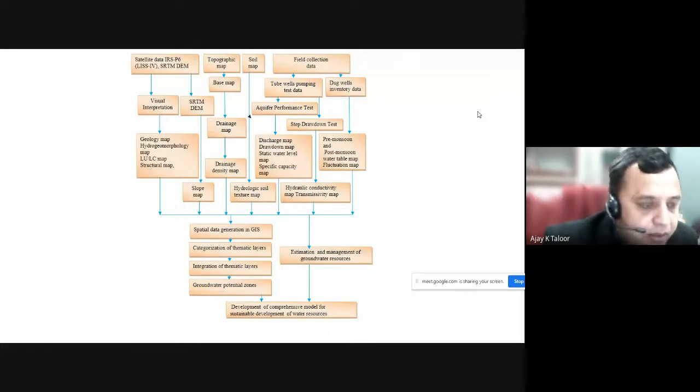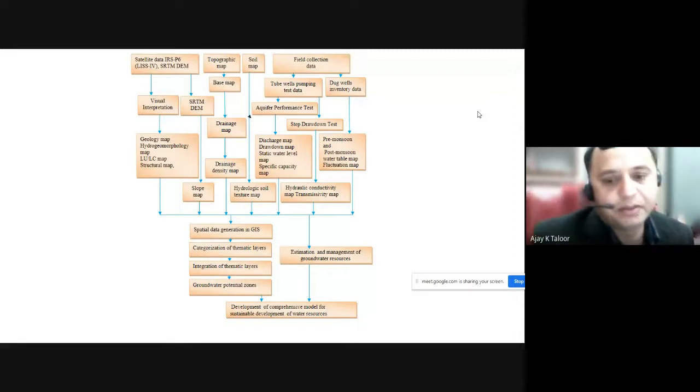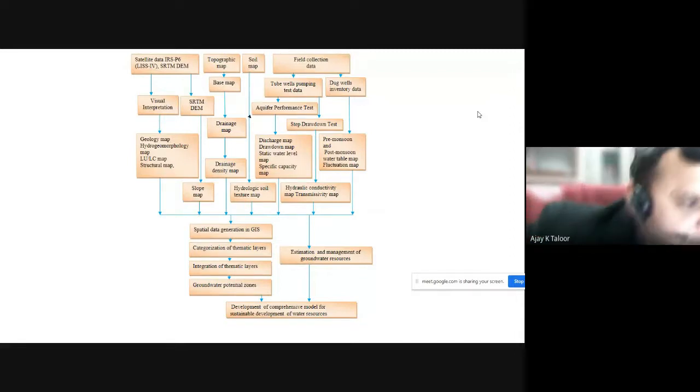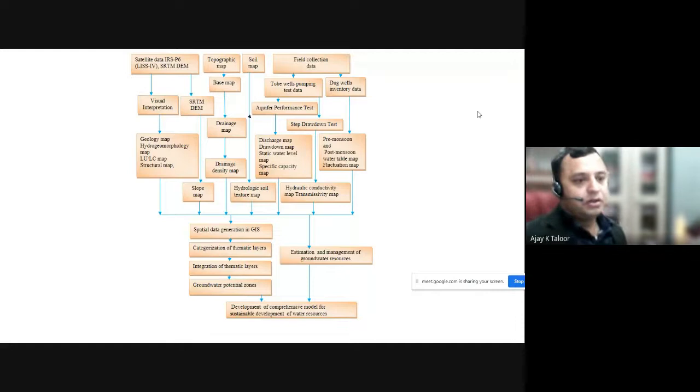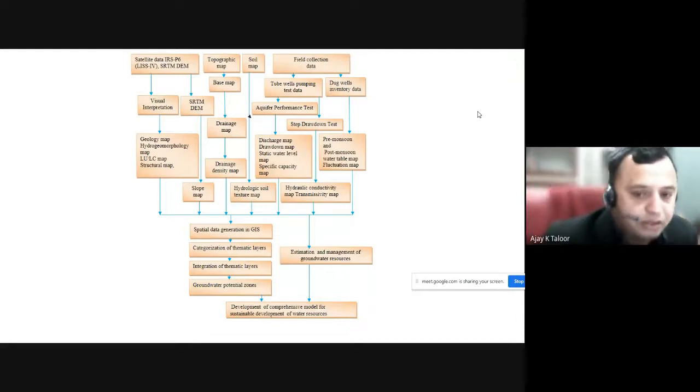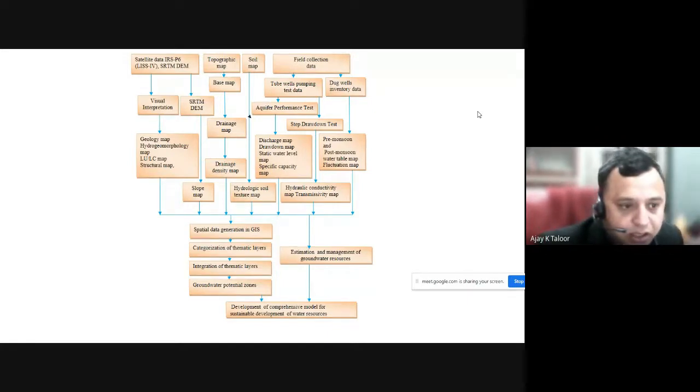Then, based on their applications and their helpfulness in knowing about the water sources below the surface of the earth, we categorize all these thematic layers.